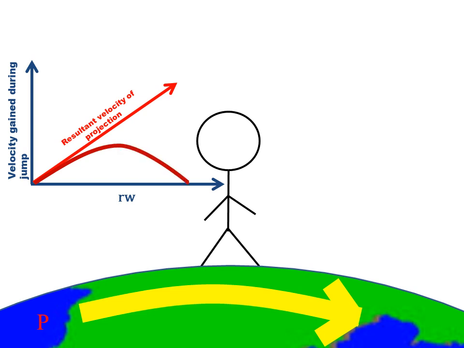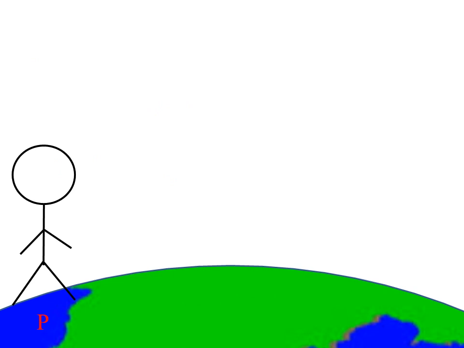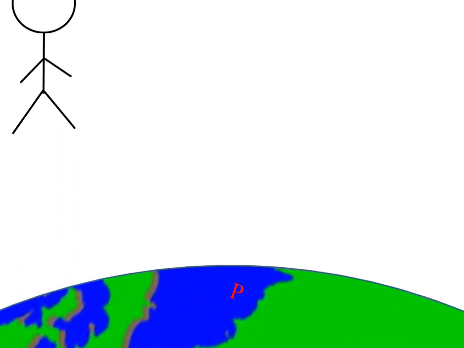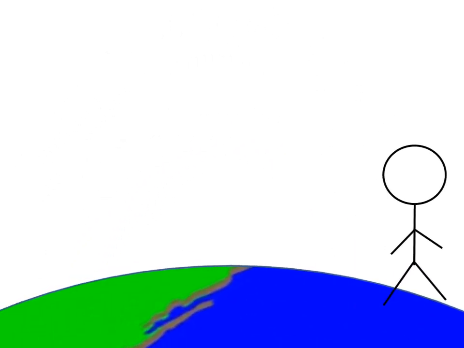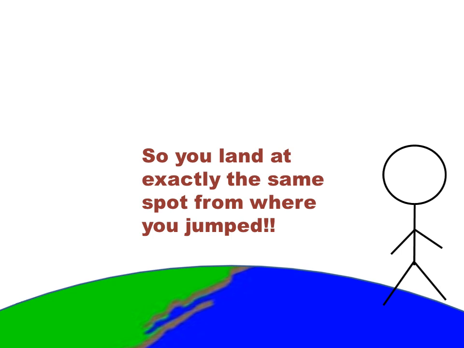So it is a projectile motion at some angle. So, what happens when you make a vertical jump is not this, but this. The man also moves the same horizontal distance as the point P on the surface moves. So, you land exactly on the same spot from where you jumped.